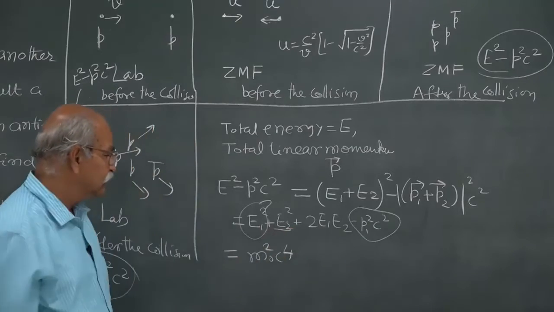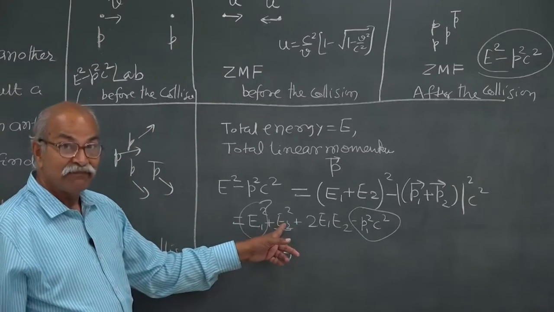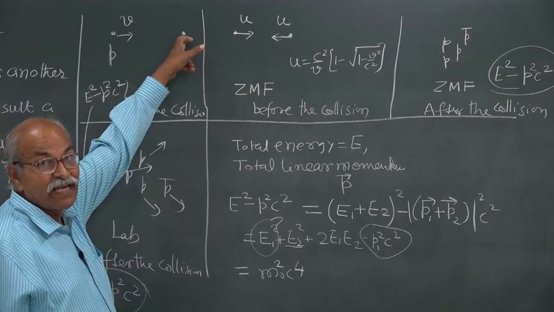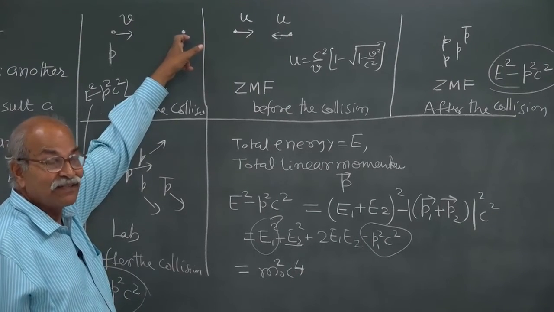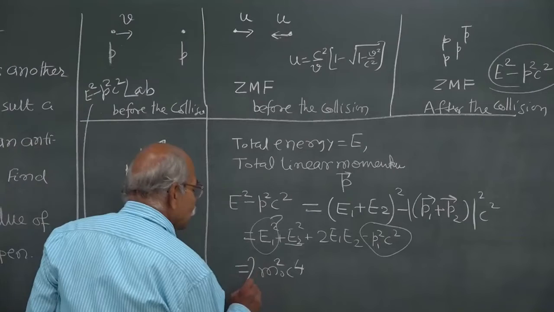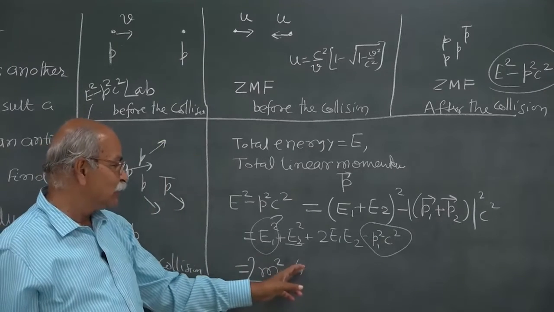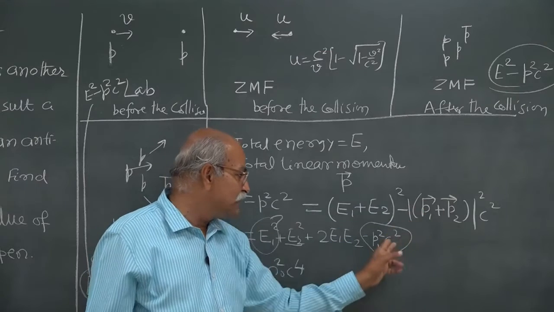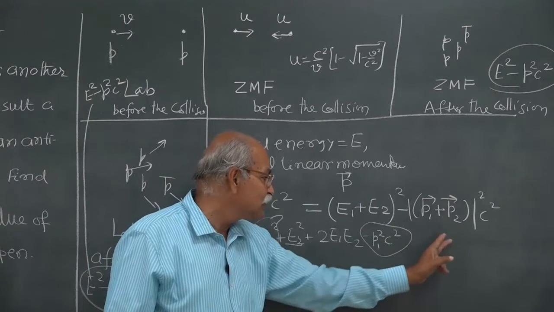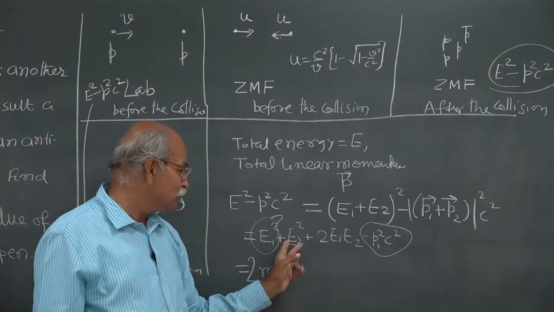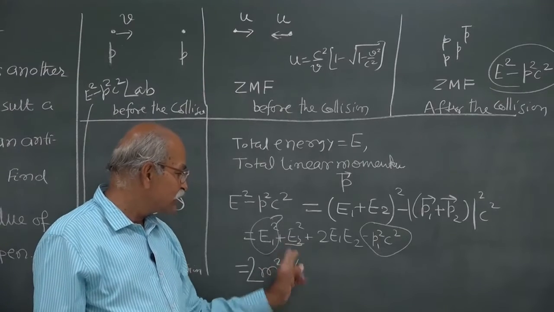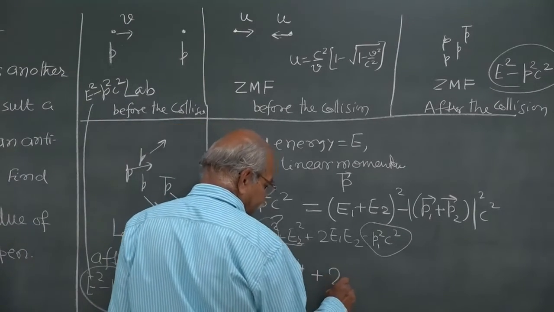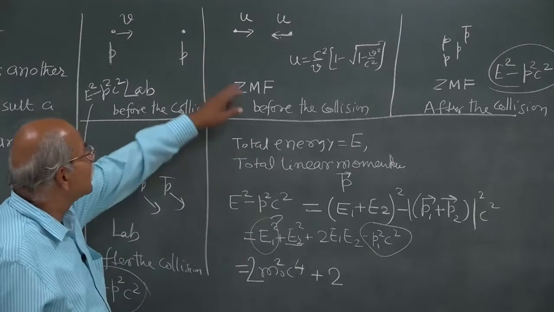E2 square again must be the same, the second particle is anyway at rest. So, its total energy is the same as the rest mass energy m naught C square, and therefore its square is m naught square C4. If P2 is not 0, then you will have a P2 square C square, that together with E2 square will again make m naught square C4. Then plus 2 times E1 E2. Now, you have to write E1.